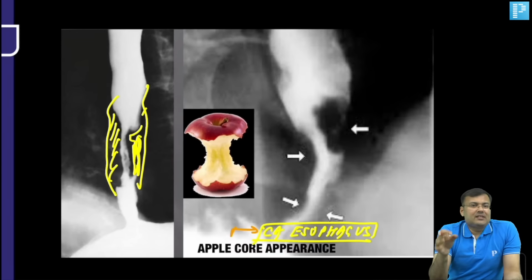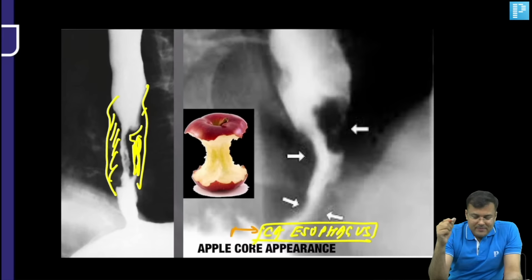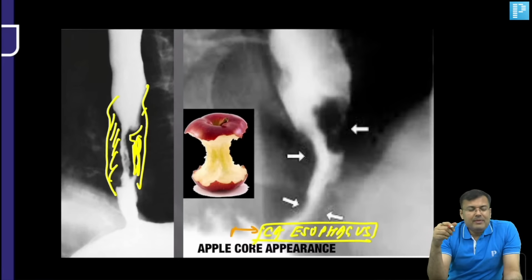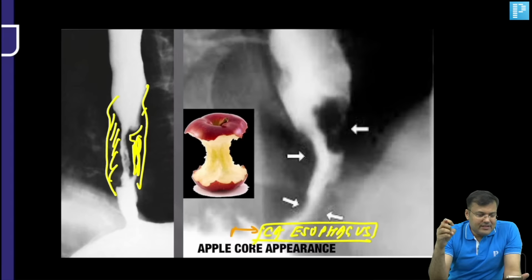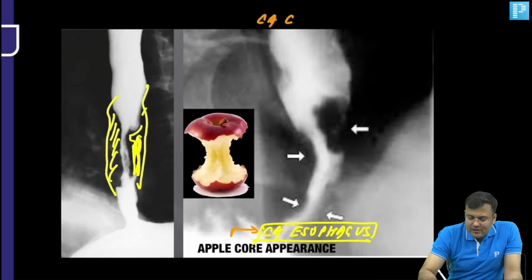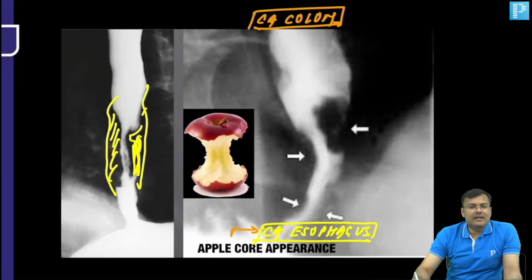If the question is apple core appearance on barium enema, it is seen in which condition? Yes, colorectal cancer, very good, it is carcinoma colon, not in rectum actually. So, apple core appearance in barium enema is carcinoma colon; in barium swallow, carcinoma esophagus.